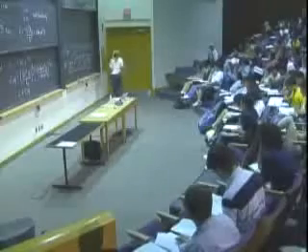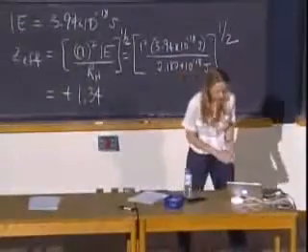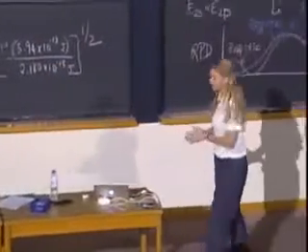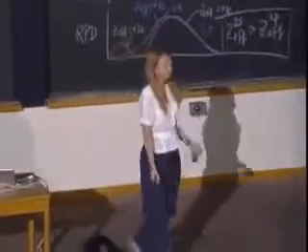So now we're ready to write the electron configurations of all the atoms on the periodic table. And you already know that we use the Aufbau principle to do that. Aufbau means building up.